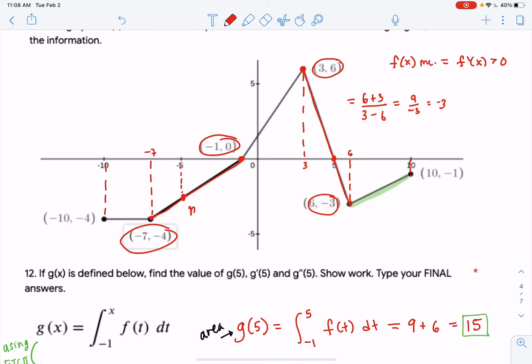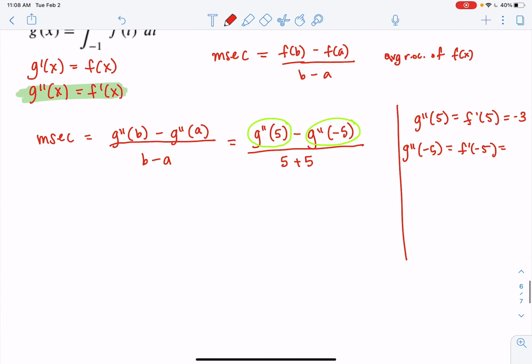So the slope is going to be y, I'll start with this guy first. So y minus y all over x minus x will give me 4 over 6, or 2/3. And so that's the slope at -5, 2/3.